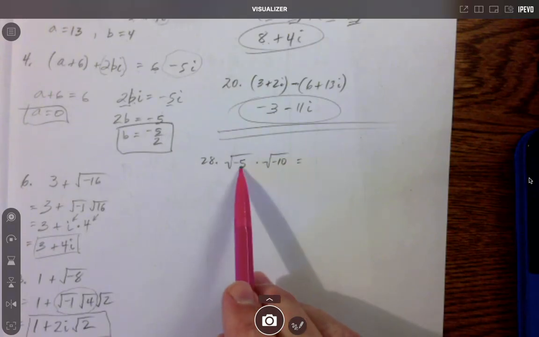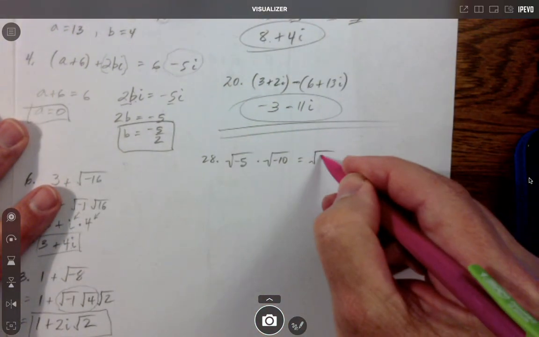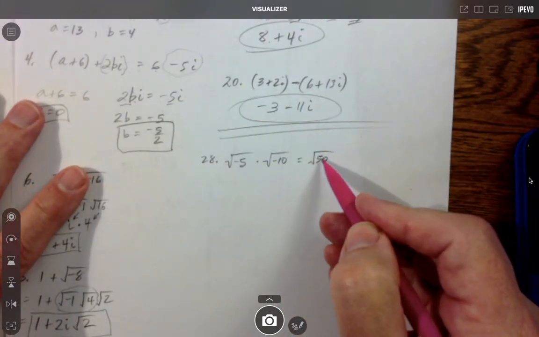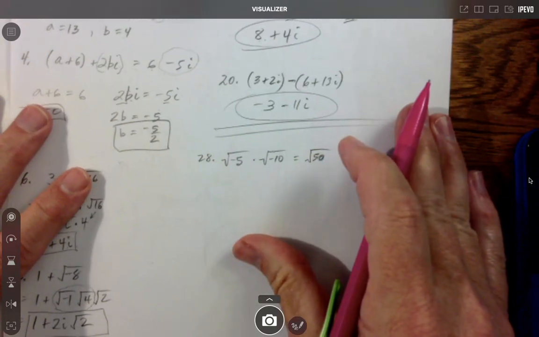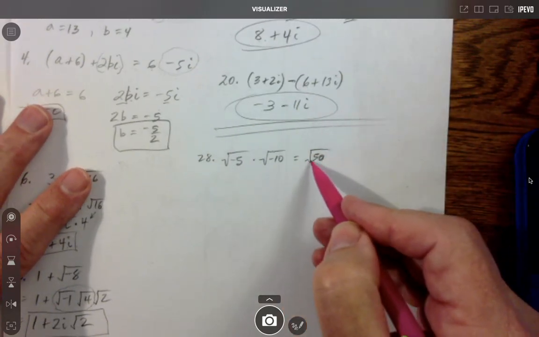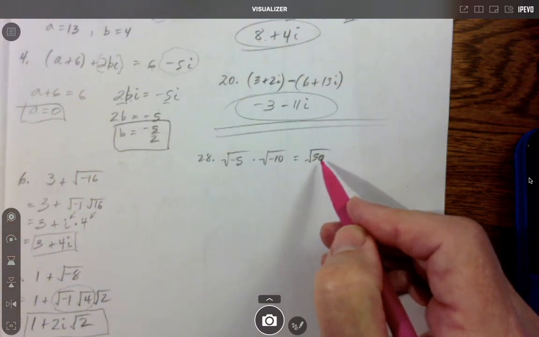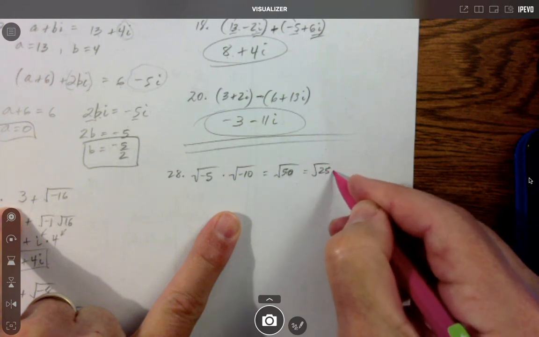So square root of negative 5 times the square root of negative 10 is the square root of 50. And then you can simplify this. By simplify, I mean you're trying to reduce the number that's under the radical. So can I make it smaller than 50? And I can because 25 goes into 50. So I can break this up into the square root of 25 times the square root of 2.